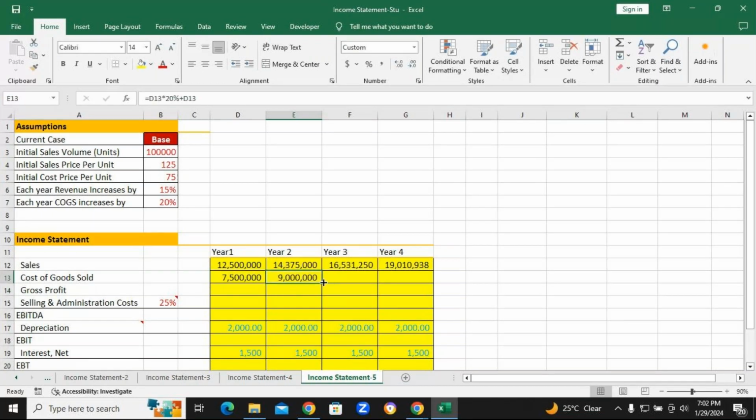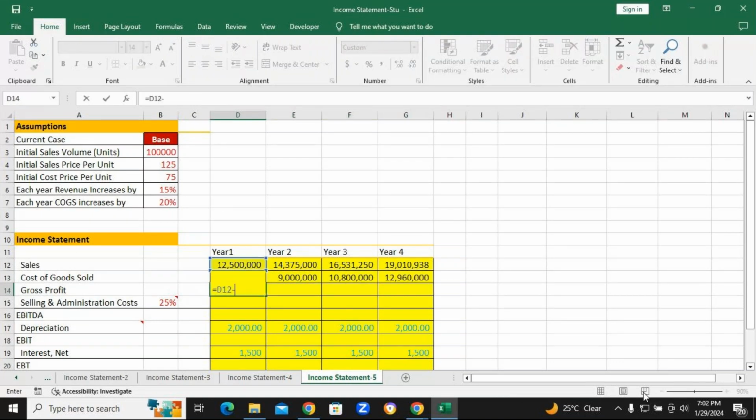I'll drag it towards my right. Now gross profit equals sales minus COGS. I'll drag it towards my right.